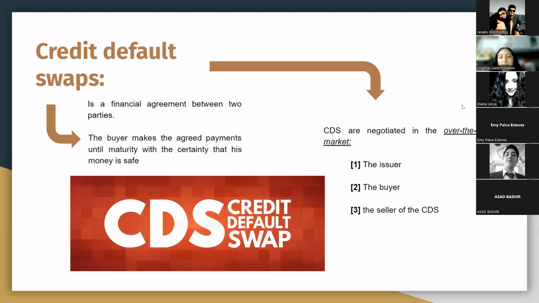Likewise, the seller agrees and undertakes to comply with the payment terms, and if these are violated, he undertakes to assume the consequences. This is due to the fact that in case of default, the seller would have to assume the entire amount agreed and the interest generated in the period.